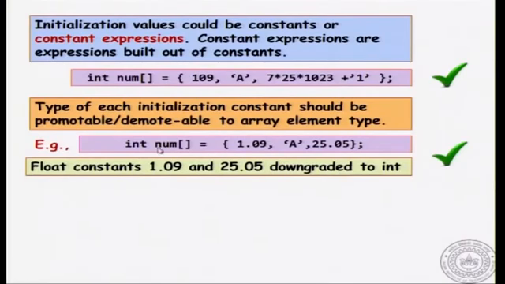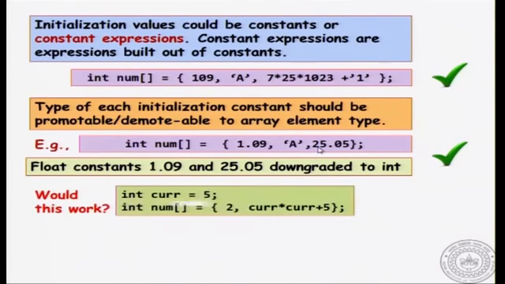For example, I can initialize an array num with the initialization list 1.09, comma, 'a', comma, 25.05. This is okay, because the floating point values can be downgraded to integers. So maybe this will be initialized to 1, then whatever the ASCII value of 'a' is, let's say 65, and then 25.